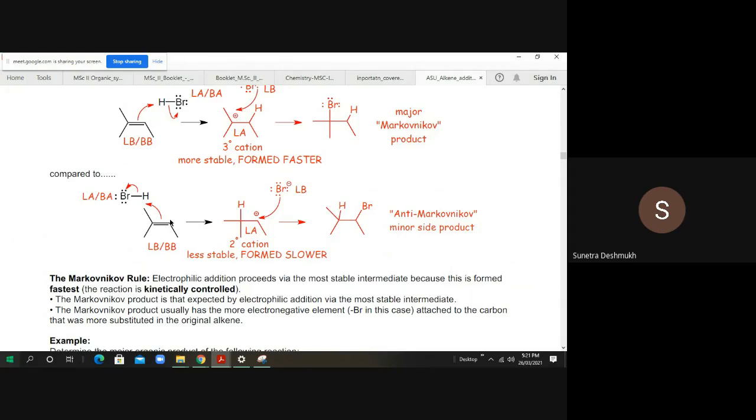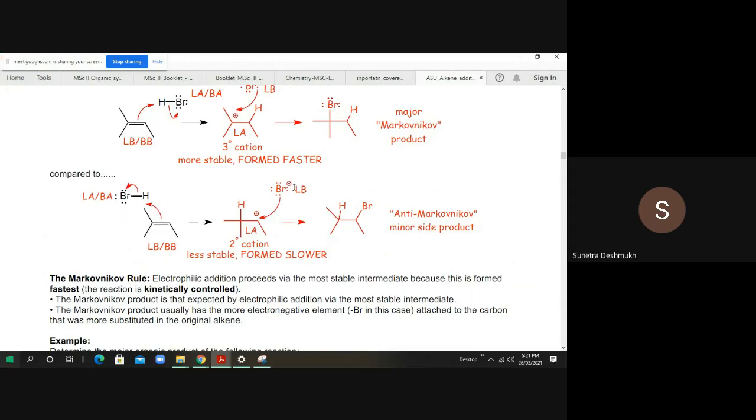We have shown the addition of H and the generation of a secondary carbocation here. This secondary carbocation forms at a much slower rate, and then the Lewis base Br minus is generated.